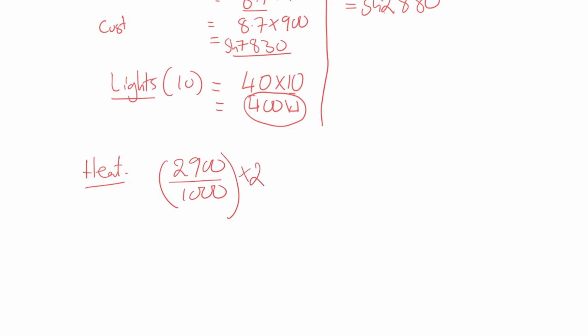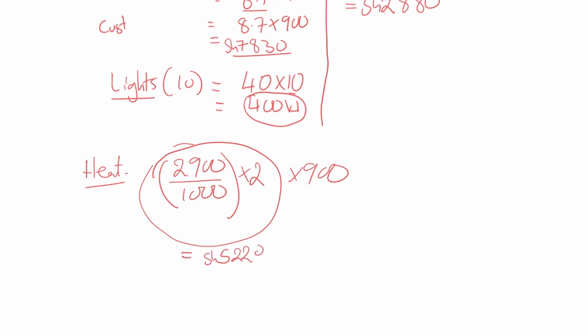So this is the number of units. Then times 900, which is equivalent to 5,220 shillings.